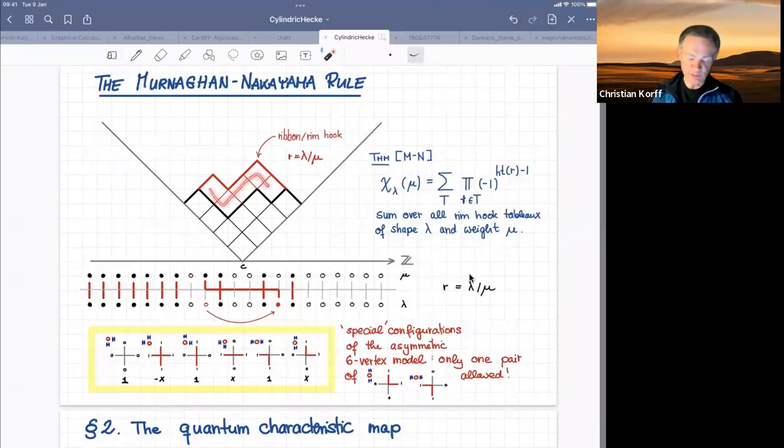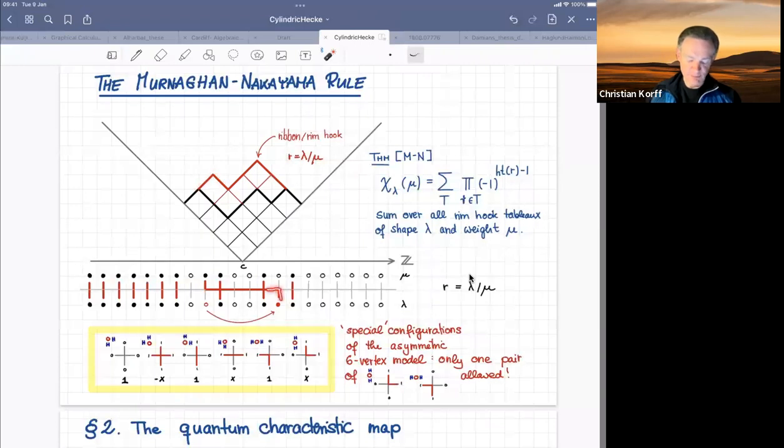And the other observation is that in the Murnaghan-Nakayama rule, the condition is really that you just take ribbons, you decompose this into connected ribbons. But this, you can quickly convince yourself, means that you only look at very special configurations of the 6-vertex model. Namely, you can only allow one pair of these two vertices appearing. Because this vertex here, which is the half turn towards the right, this is the start of your ribbon.